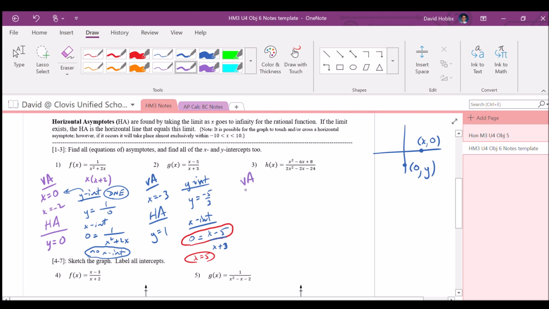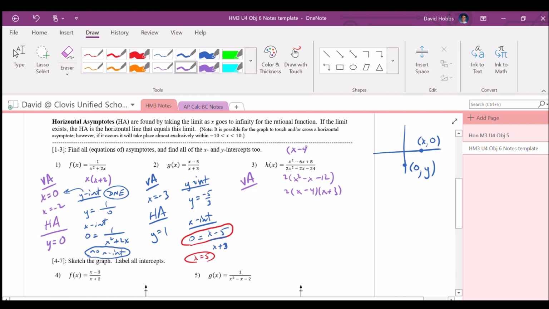Okay, let's try the next one. Vertical asymptotes. Let's see, it looks like factoring. So 2 times x squared minus x minus 12. 2 times x minus 4 times x plus 3. Okay, and so 4 and negative 3. Now, let's just double check and make sure that they don't reduce.